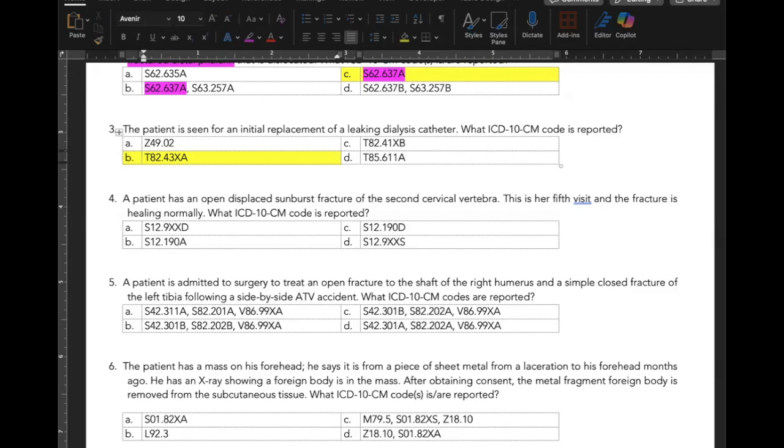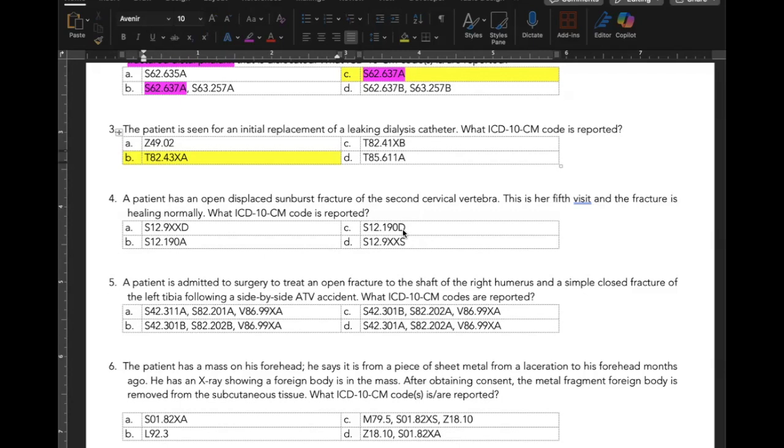Does that make sense? Now it does, yes, ma'am. Yep. Okay. So that gives us the S12.190. So we've got these two options, right? So where's S12.190 again? Oh wait, I found it. Never mind. Underneath specified NEC. Yep.